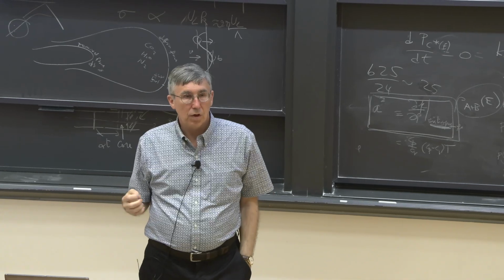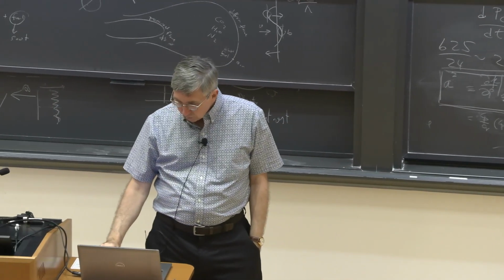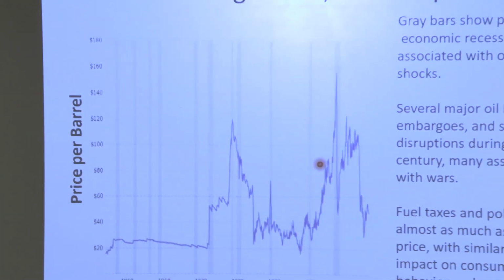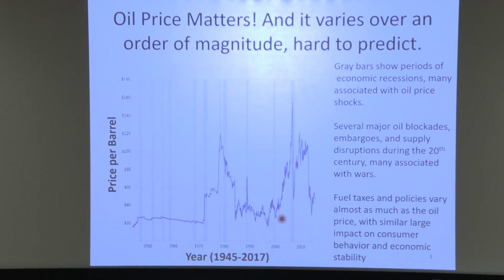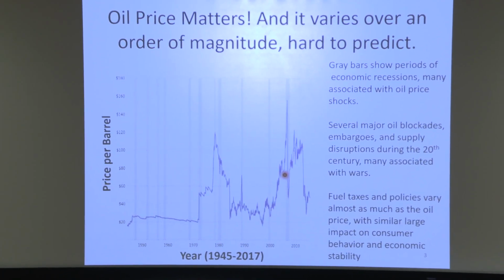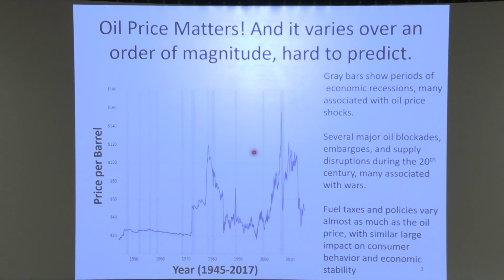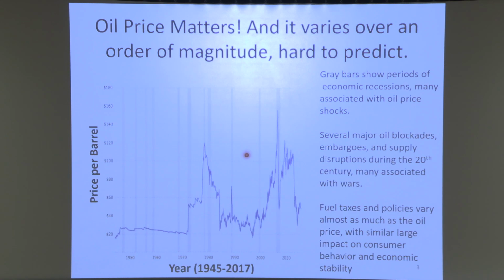The overall consumption was going up even faster than the production. In fact, you could argue the other way, that the production went up because the price was going up. Down here, when the price was really low, nobody was inspired to spend much effort on production. But once the price got up to $80, $90, $100 a barrel, the producers said, wow, I can make a lot of money if I produce. And so people worked really hard to increase the production.